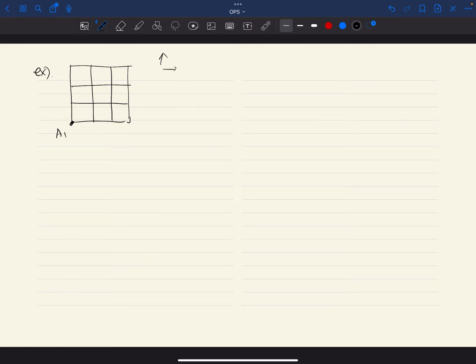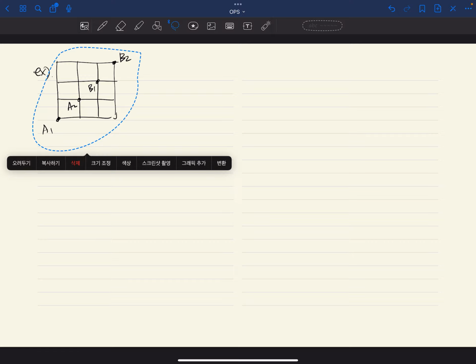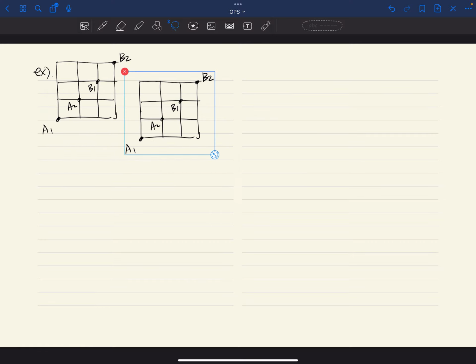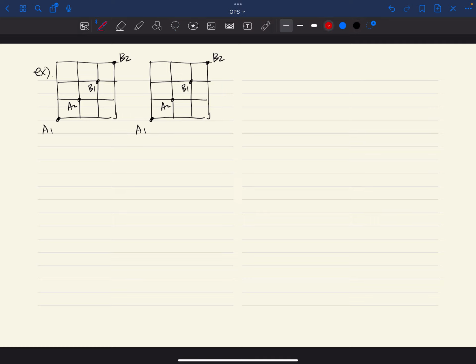We have A1, A2, B1, B2. If you think about it, you will see that there are two different types of connecting patterns. We can go this way, or this way. They are non-intersecting, but in one, 1 goes to 1 and 2 goes to 2, while in the other, 1 goes to 2 and 2 goes to 1. So it can be different.